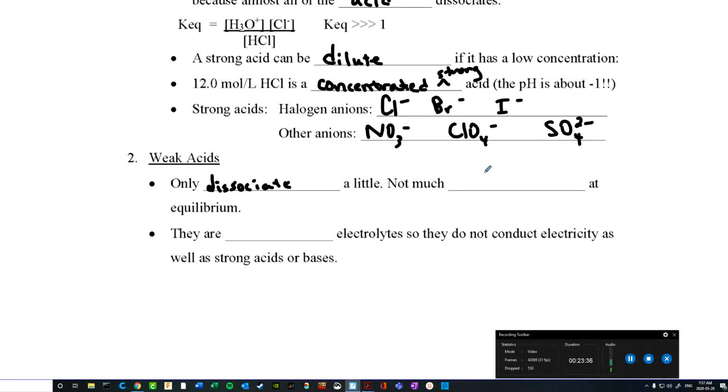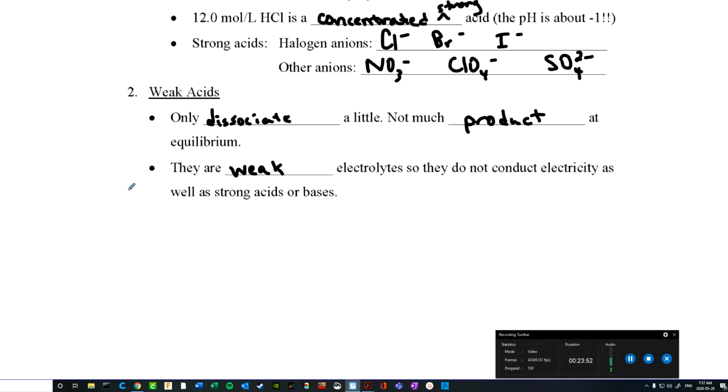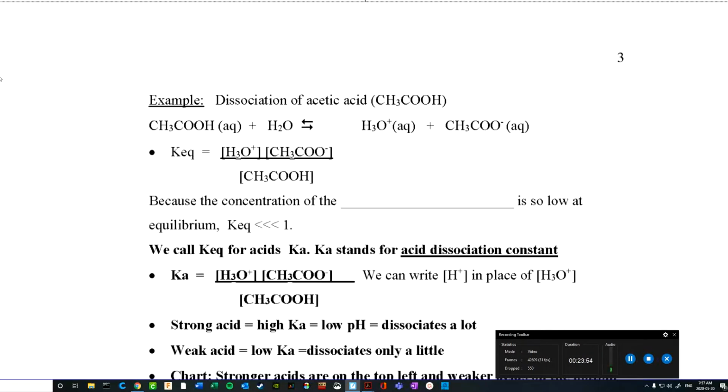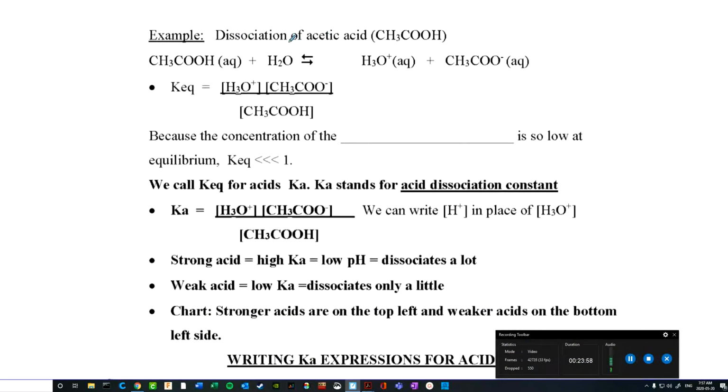Okay. Weak acids, on the other hand, only dissociate or ionize a little. So not much product is found at equilibrium. They are very weak electrolytes because there's so few ions in solution, so they do not conduct electricity as well as strong acids or bases. So an example, dissociation of acetic acid. So here's acetic acid.